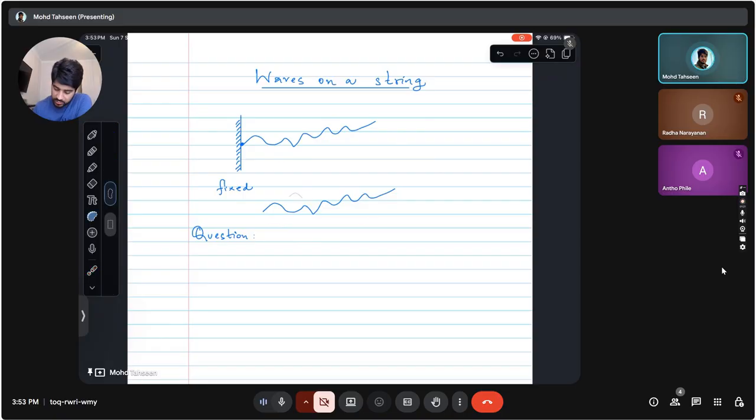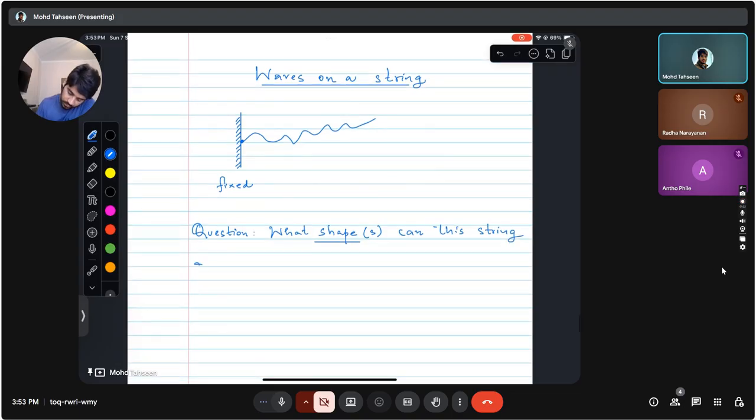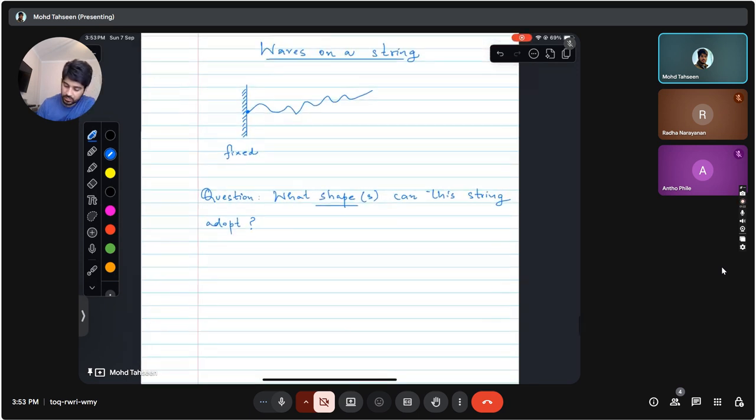So now the question is, what shape or shapes can this string adopt? And the answer is any shape. We can give it whatever shape we want because it's not confined, right?